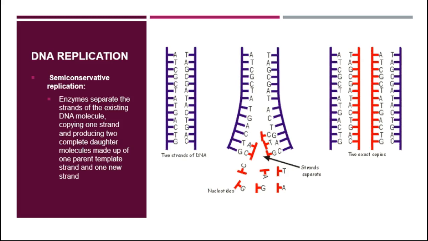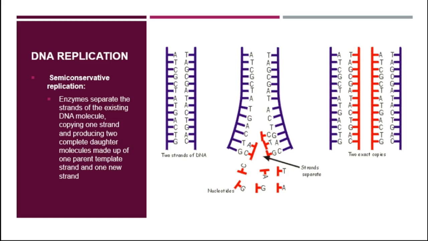So here we have a very simplified example of DNA replication. DNA replication is said to be semi-conservative, and this means that one strand of the original molecule is used as the template to make the new strand. So we don't make a brand new strand with two brand new sides.